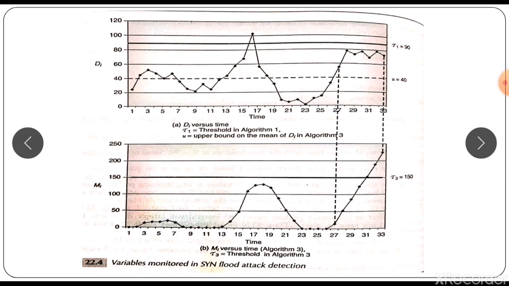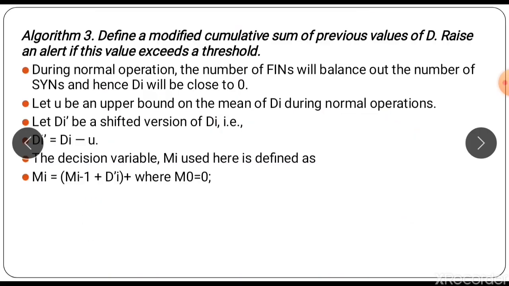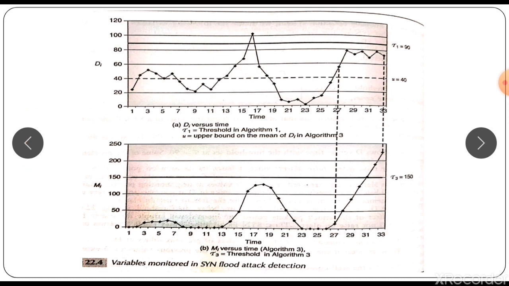Here Mi is calculated using this formula. Di dash is Di minus U, that is, Di is this portion, U is this portion. So this will be Di dash, this portion, that is, Di minus U. So this diagram is shifted, you can observe over here. Now we can consider some example.